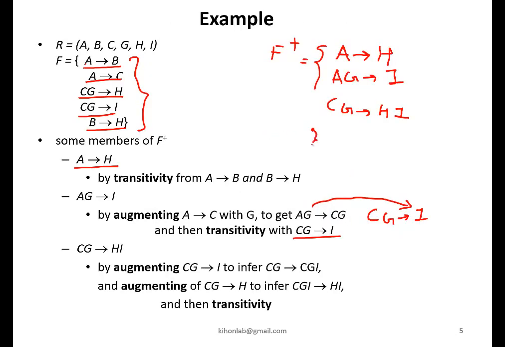Now basically, why do we have to learn this closure set of functional dependencies in normalization? Once we are given these dependencies and we are able to find the logically implied dependencies, then for each dependency we should be able to find out what type of dependency it is: whether it is a partial dependency, fully functional dependency or transitive dependency.